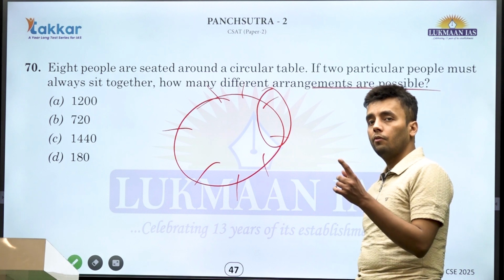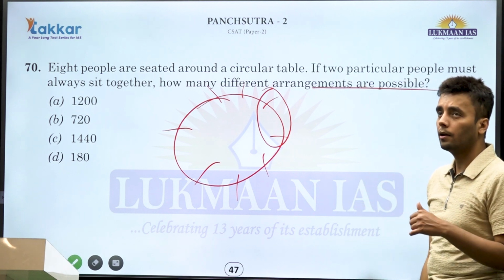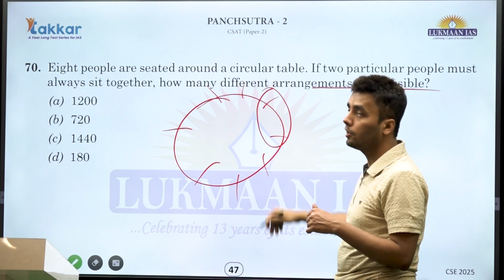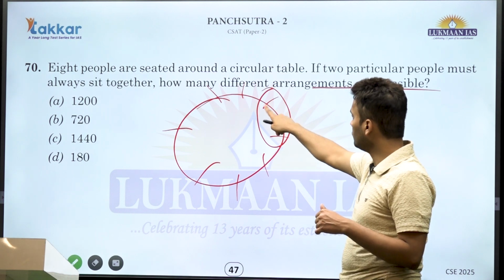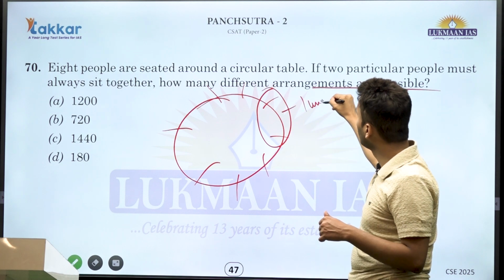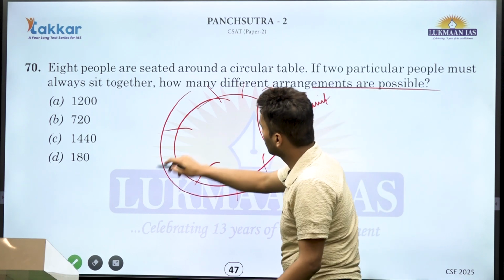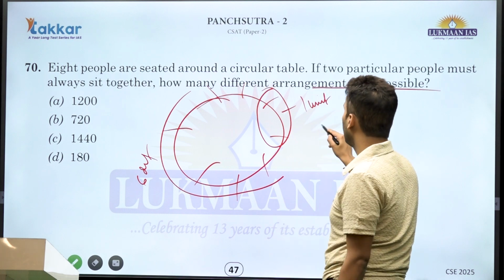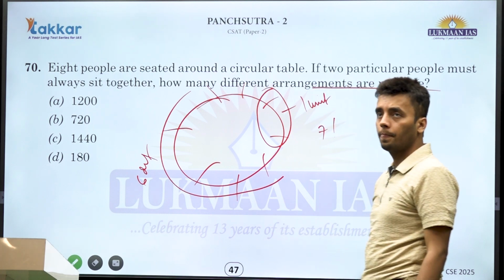If they were to be arranged separately, there would have been 8 units. But since these two people are sitting together, they can be considered as 1 unit and the rest as 6 different units.